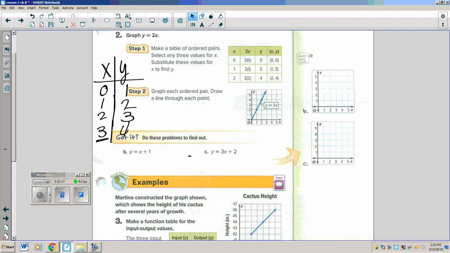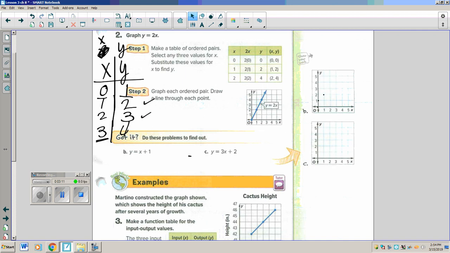Now we're going to graph our answers. This is x, y. Over 0, up 1. Over 0, don't go anywhere. Put your dot on 1. Next one, 1, 2. Over 1, up 2, put your dot.